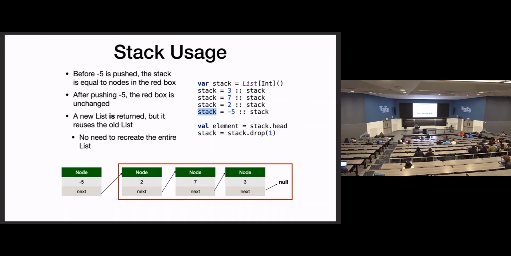And then when we prepend -5, we're reusing that entire list by just storing a reference to that old list. So we're reusing all of that information instead of copying an entire new list. So now stack is a reference to this node, which is effectively a reference to the list -5, 2, 7, 3.